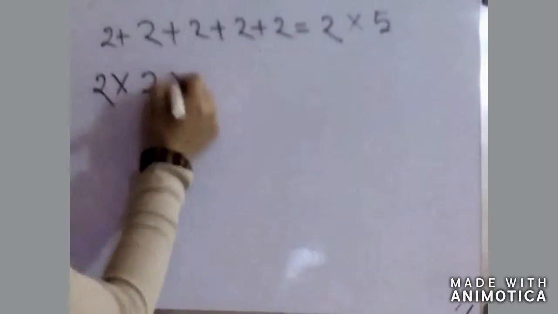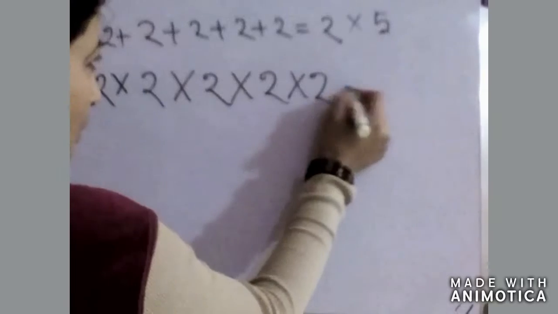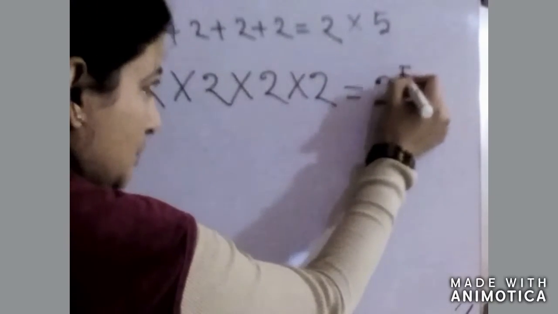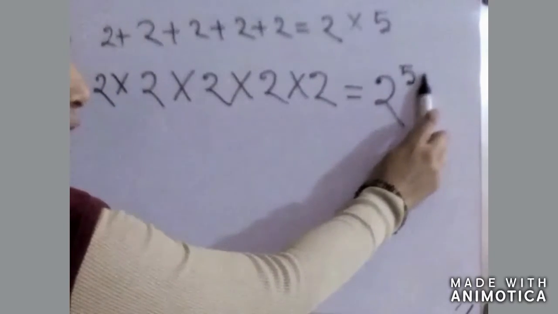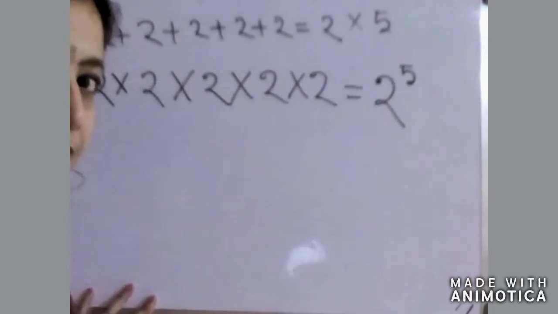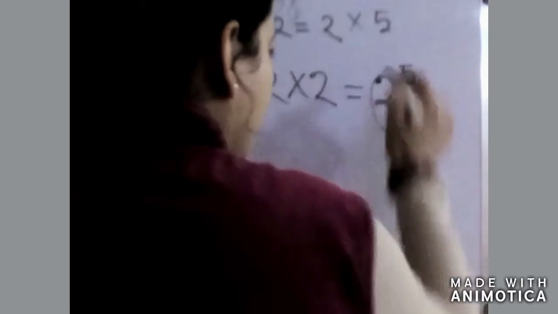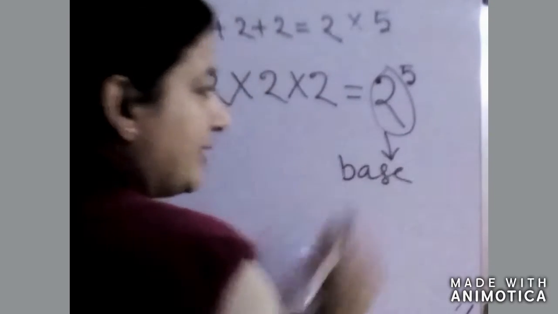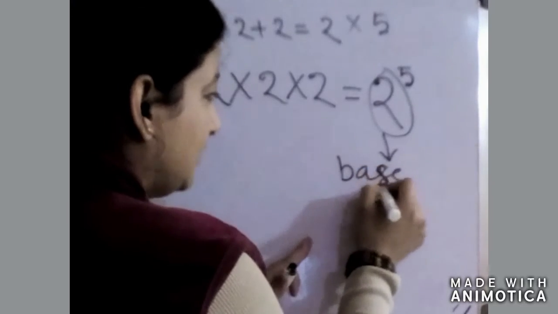2 into 2 into 2 into 2 into 2, we can write 2 and 5 on the right top corner of the 2. Here 2 is the number which we say is the base.